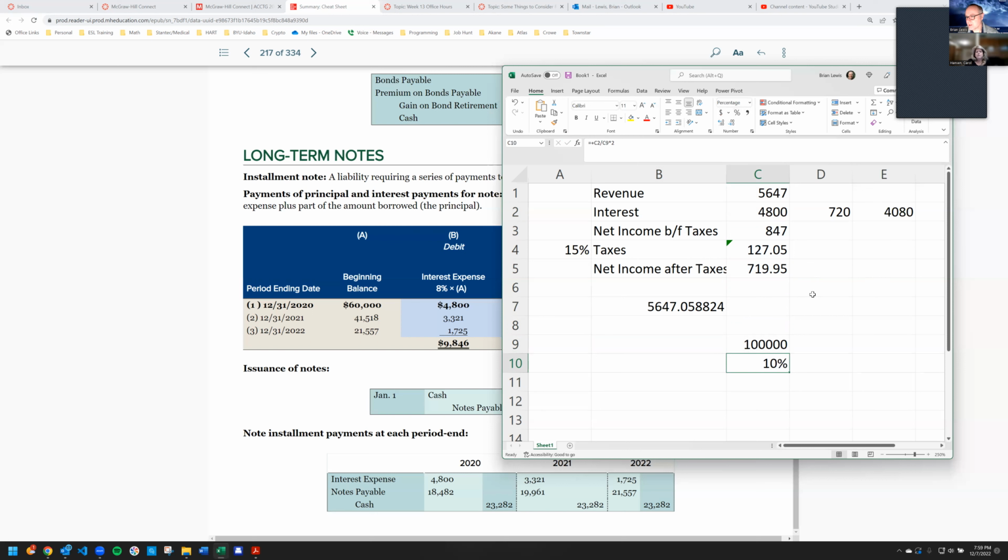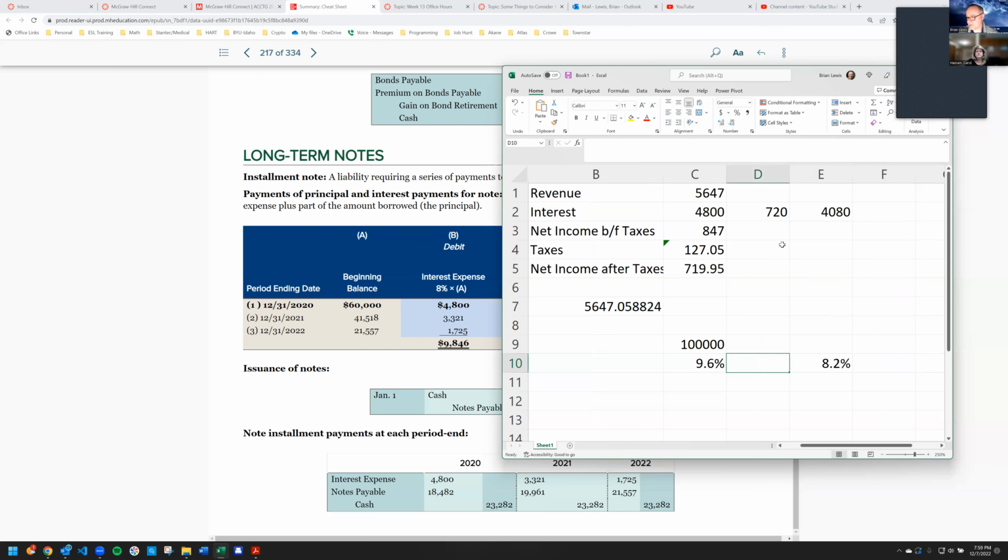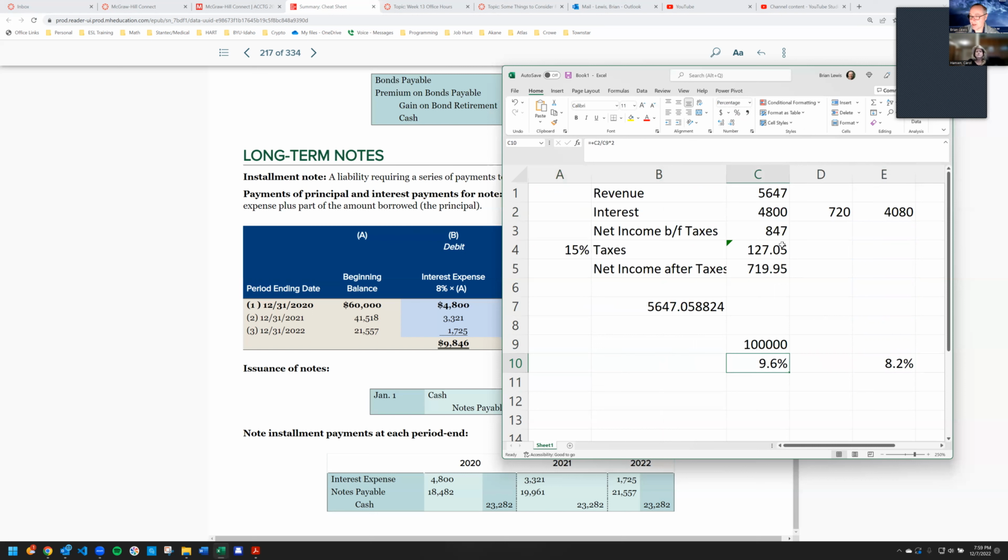The reality is, instead of 9.6%, I am actually only paying, as an effective interest rate, this divided by that times 2, right? After taxes, I'm effectively paying 8.2%. So this is the impact of the tax on the interest on bonds or the interest on anything. Usually you look at it on an after-tax basis, and so this is the impact.